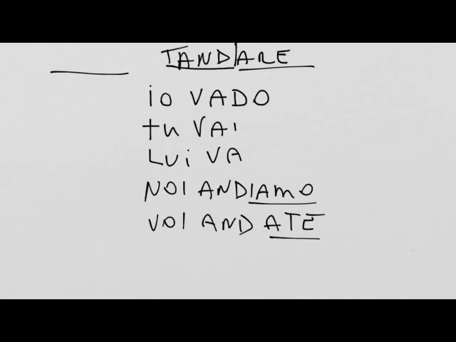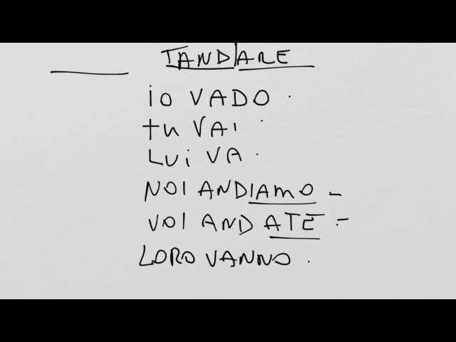And loro vanno. I'm pointing to the regularity or irregularity just because I want you to exercise this sort of analytical ability. You look at the word and compare to the pattern, the official regular pattern, and decide yourself.